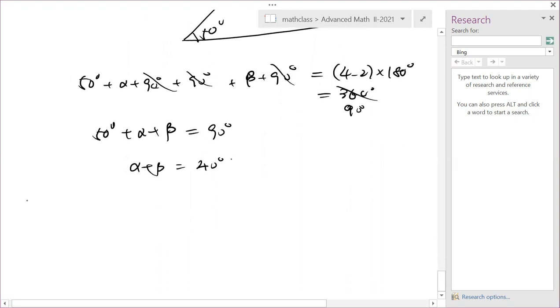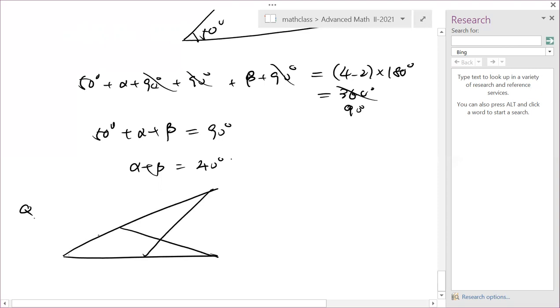All right, let me show you another picture. Okay, so this is a picture. A, B, C, D, E, F. I'm going to mark all the angles, so A, B, C and A, D, F. So this is alpha, that's beta.